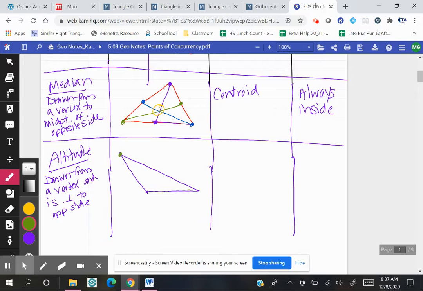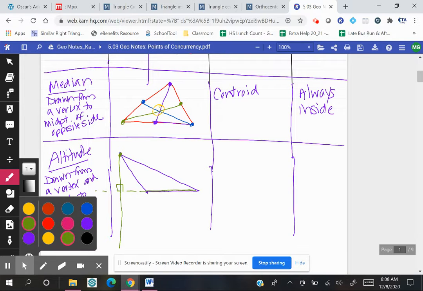So the side across from it is over here. If I drop a perpendicular from this point to this line, it needs to go straight down. Well, that line doesn't happen over here, so you'd have to extend it and then drop your perpendicular. So an altitude can occur outside of the triangle.